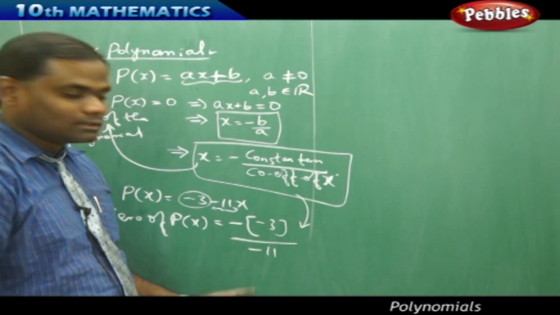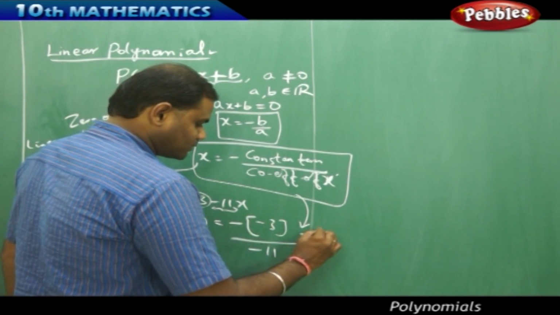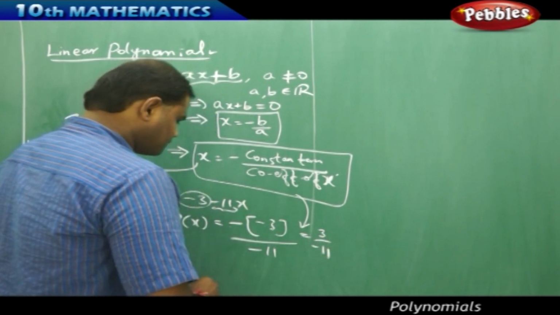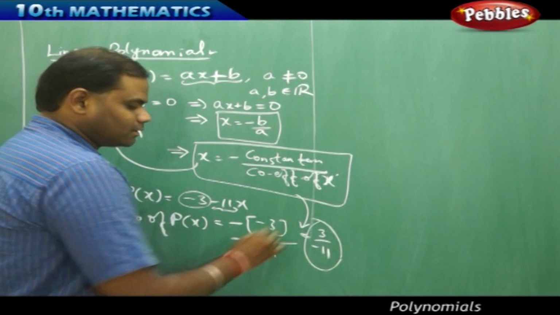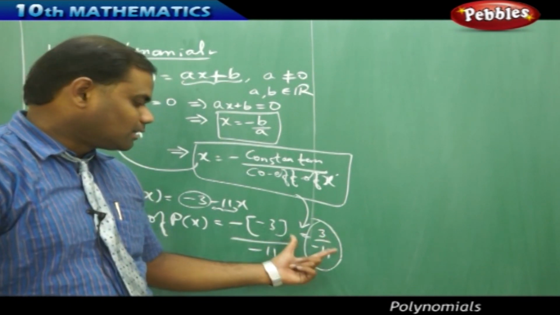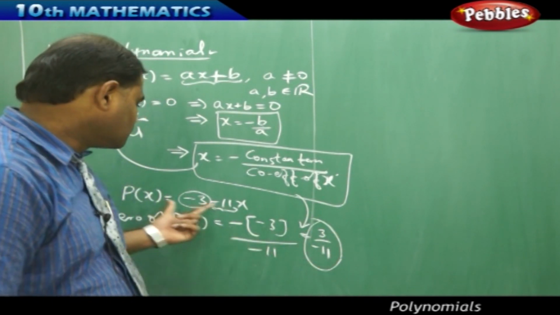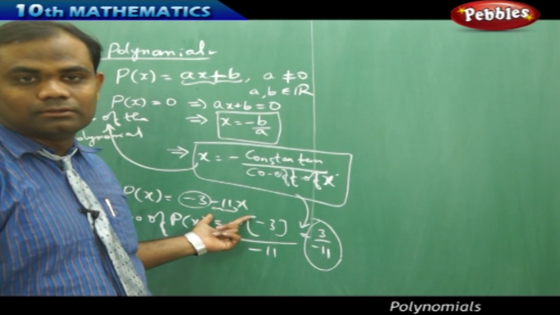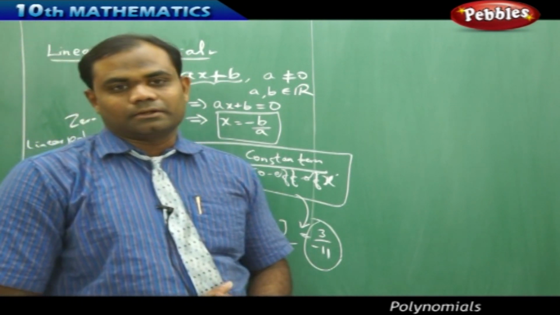In this case, minus of minus 3 is 3 over negative 11, which is nothing but negative 3 over 11. And this is identified as the zero of the given linear polynomial.